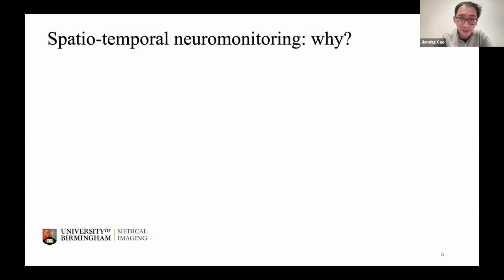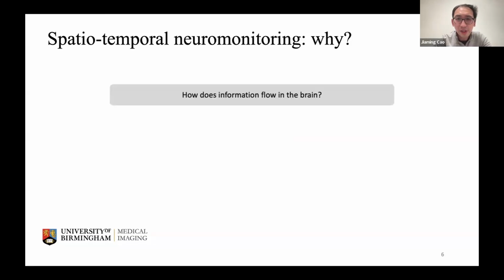And you may still not be very convinced, but of course we can do that. But why do we care? So what would be the application cases? Well, we can say that we care about the spatial-temporal dynamics that is happening in the brain, and then using either one of the modalities would not suffice. For example, if we want to monitor how the information flows in the brain, so you see something and you want to figure out how the information flows from the visual cortex all the way to the higher level cortices of the brain.